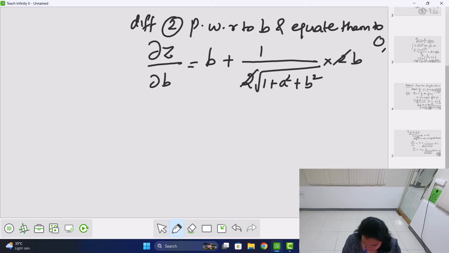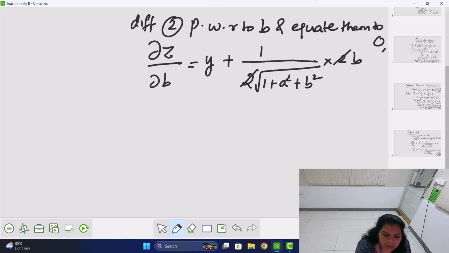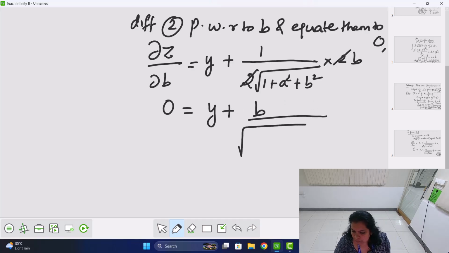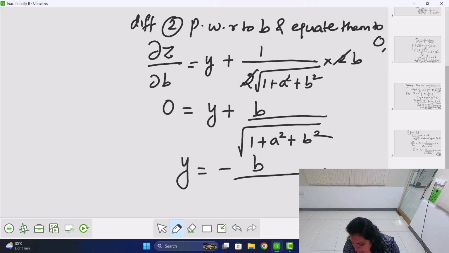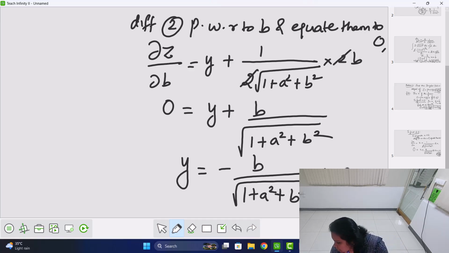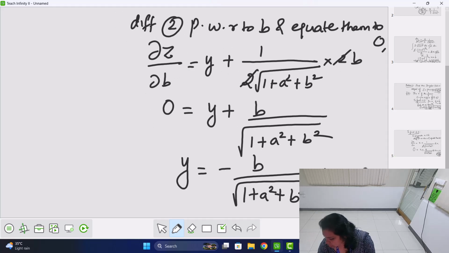I think this is y, check it out all of you. This is y. We have differentiated with respect to b. So 0 is equal to y plus b by root of 1 plus a square plus b square. From here y equals minus b by root of 1 plus a square plus b square. Already we took equation number 3, so this we take as equation number 4.